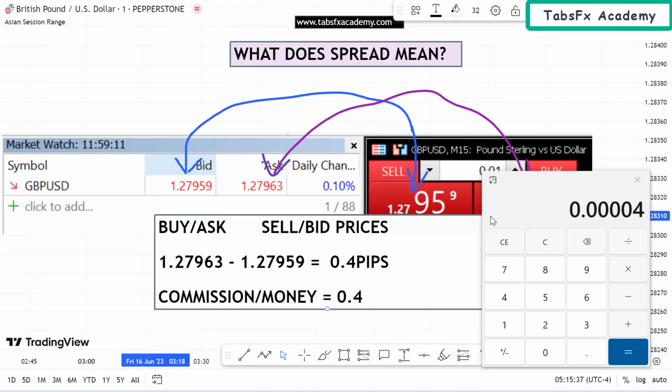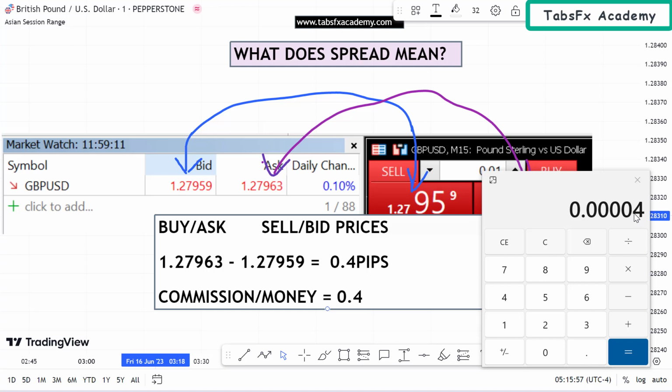So remember, we said that in case the decimal places are 5, for the pips, you consider the first 4, and you count them from the last figure here. And in this case, we have 0, and then the fifth value is the fraction of a pip. So in this case, it is 4 out of 10, which is 0.4 pips.